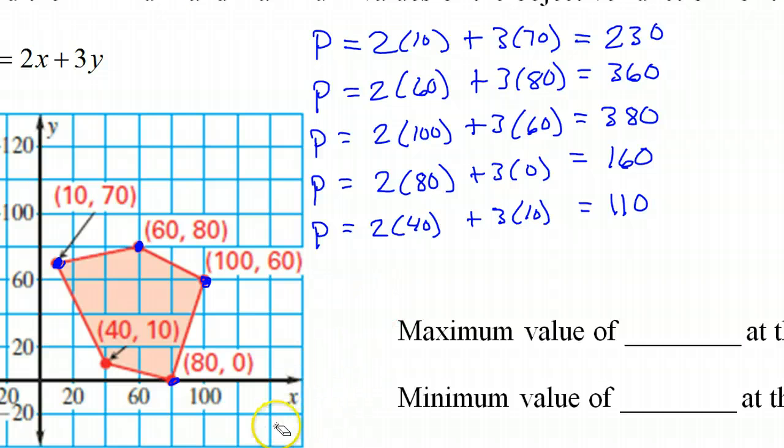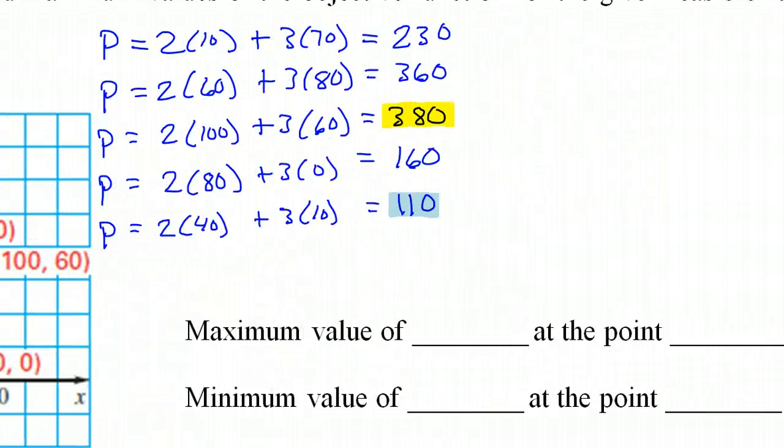So we're looking for the maximum value and the minimum value. You can probably see that the maximum value of 380 is right here. Now the minimum value is 110. So let's break it down.